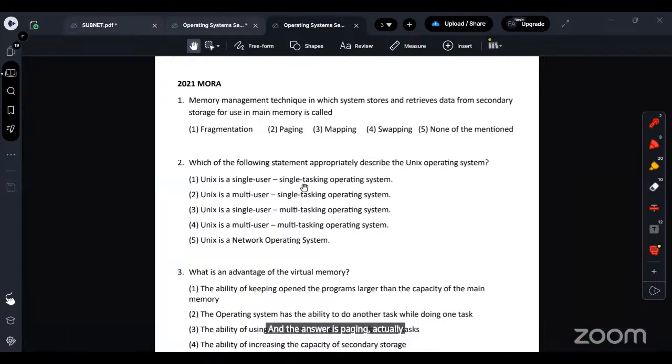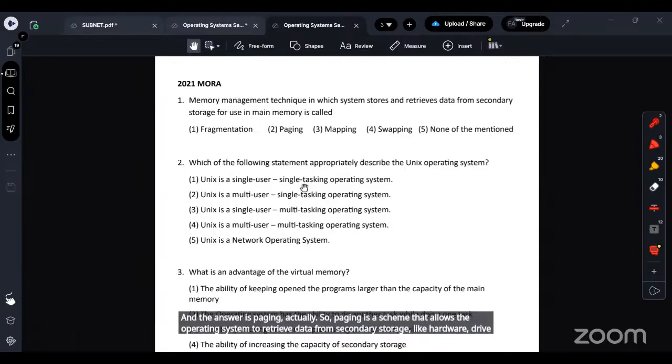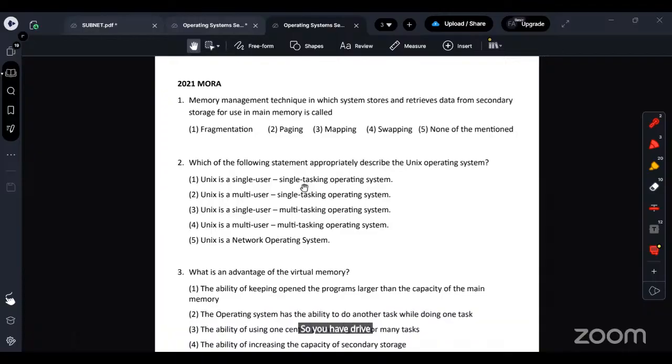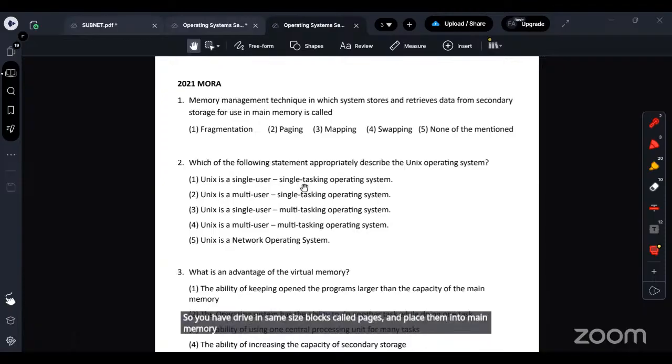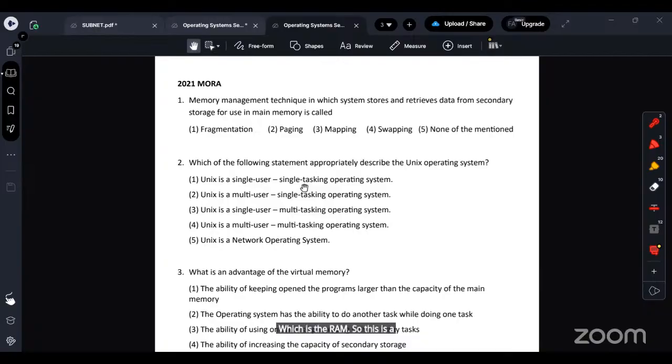So paging is a scheme that allows the operating system to retrieve data from secondary storage like a hard drive in same size blocks called pages and place them into main memory, which is the RAM. So this is a fundamental component of what?